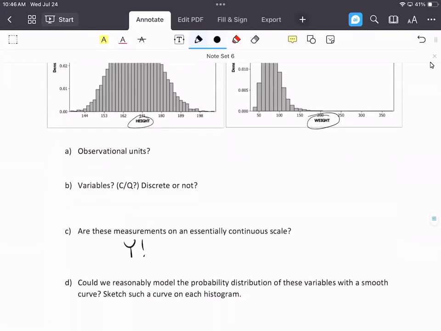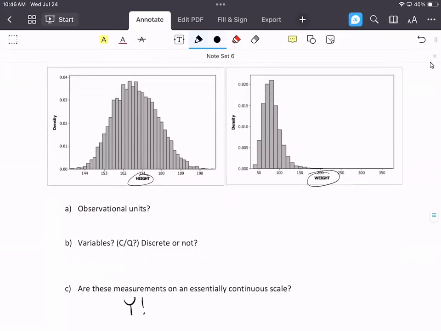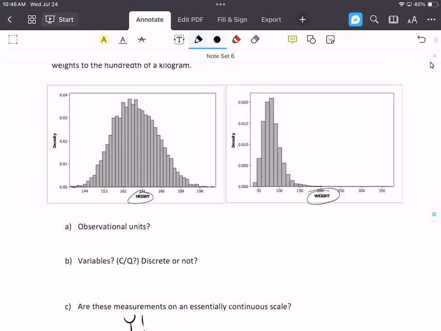Could we reasonably model the probability distribution of these variables with a smooth curve? Well, let's see if it would make sense. Let's see if we do this. It's not going to be exact, but that would pretty well represent what's going on under that curve. Yeah, our curve, that looks pretty good to me. And obviously you could fit this with software, which we're not going to do, but there we go.